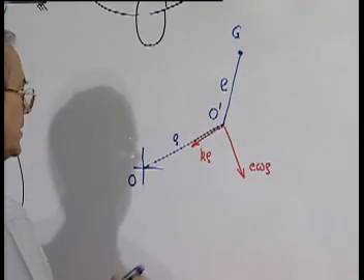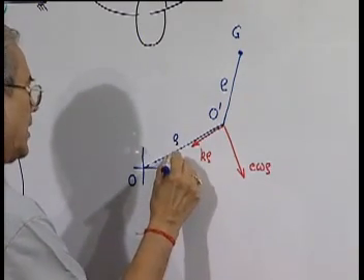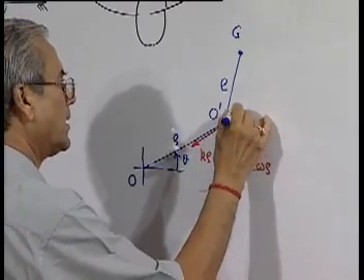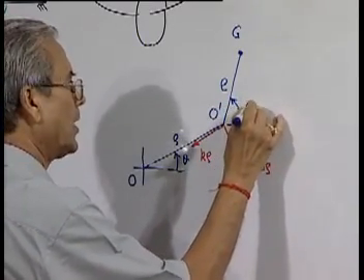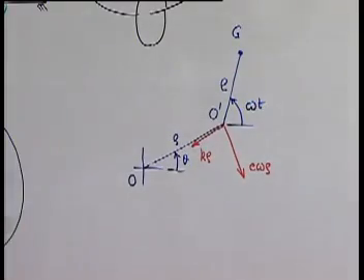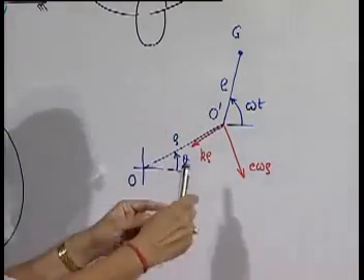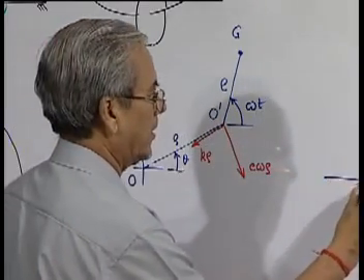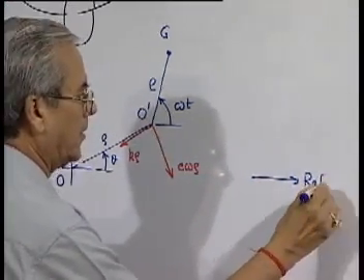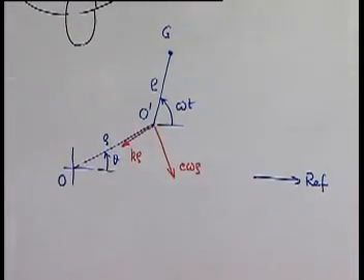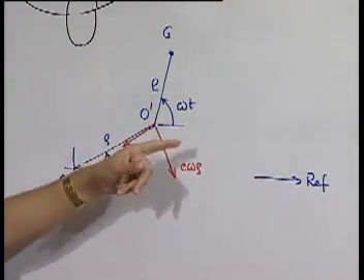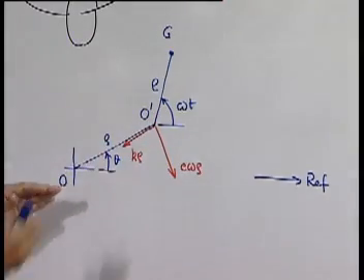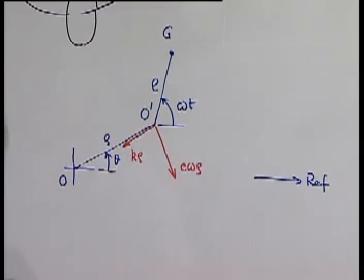This angle is theta, and let us also consider that this is the rotation from time t equal to 0. That means when O prime G is parallel to this direction, that is the reference line. So, if t is 0 there, the angle which it makes now with that direction is omega t. Remember, theta and omega t are not the same, but the whole thing is moving like a rigid body.